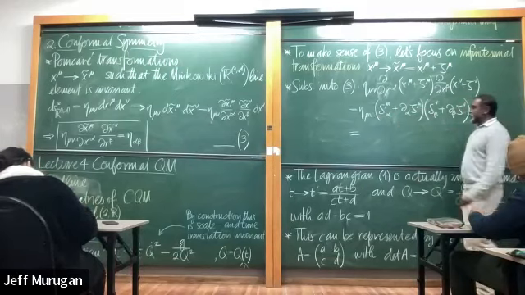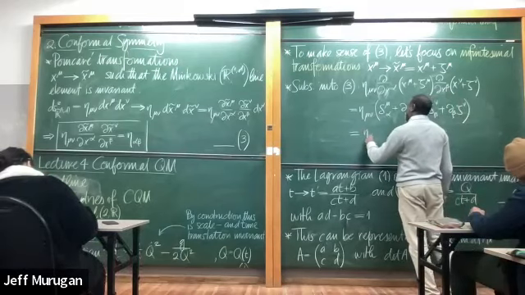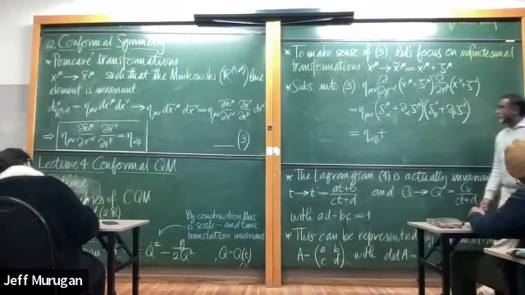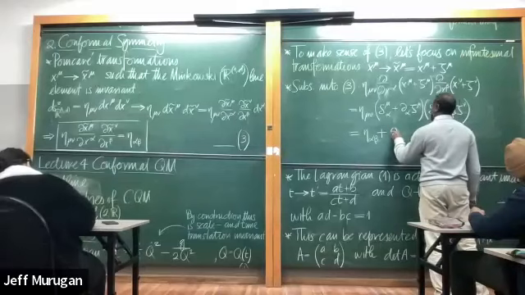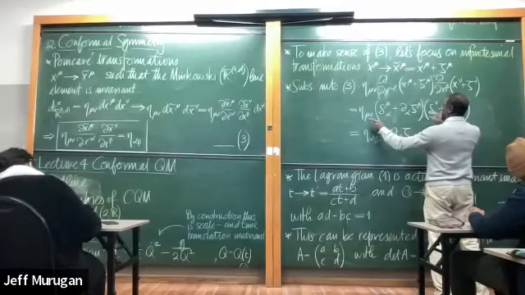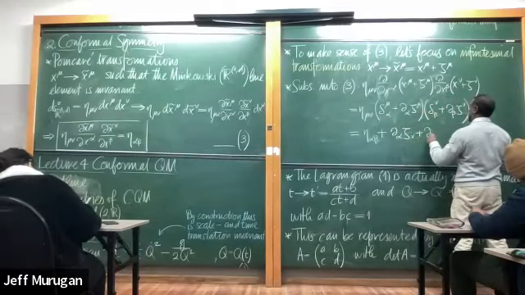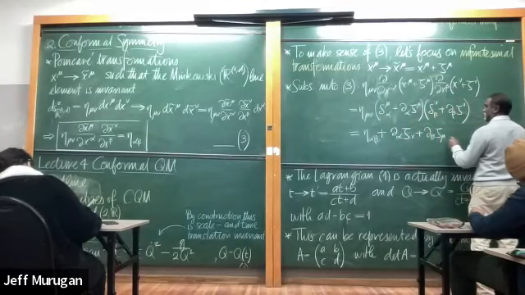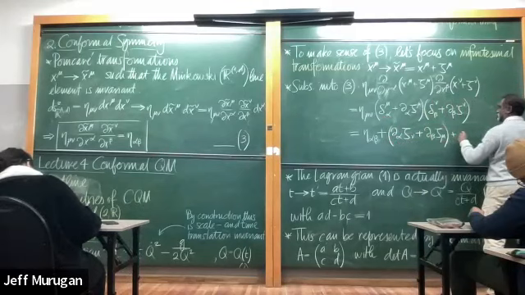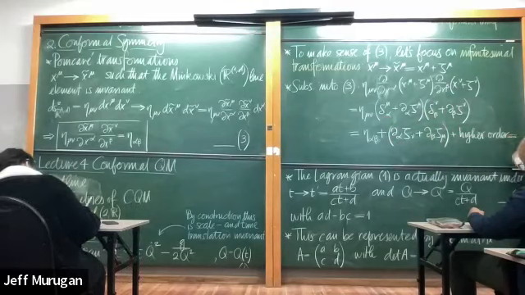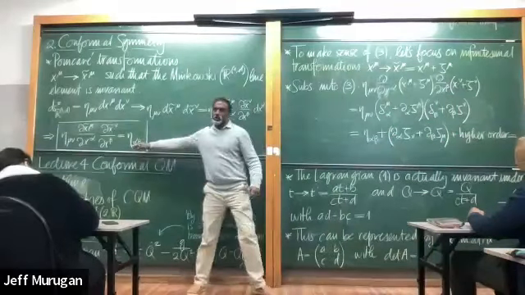And then there are terms, so this is going to be eta alpha beta plus d alpha zeta mu plus d beta zeta mu, plus higher order terms. And all of this by equation 3 is equal to eta alpha beta.